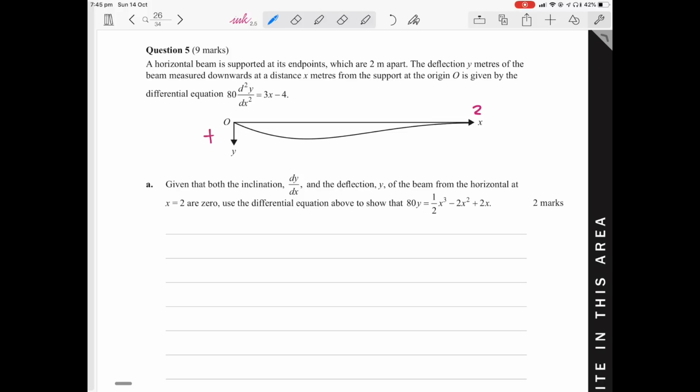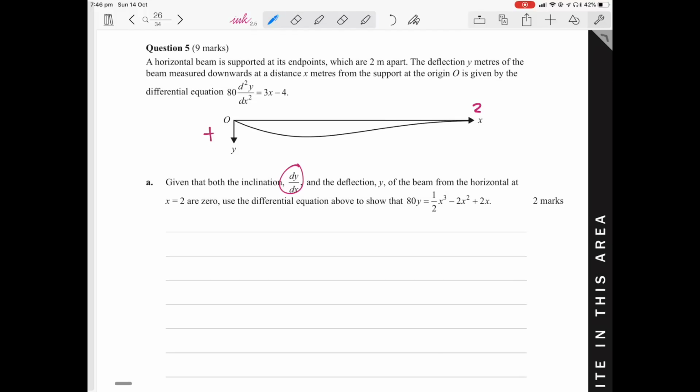Okay, so that's positive downwards, I'm thinking that's what it's saying. Given that both the inclination dy dx and the deflection of the beam from the horizontal at x equals 2 is 0. So dy dx equals 0 and y equals 0 when x equals 2.